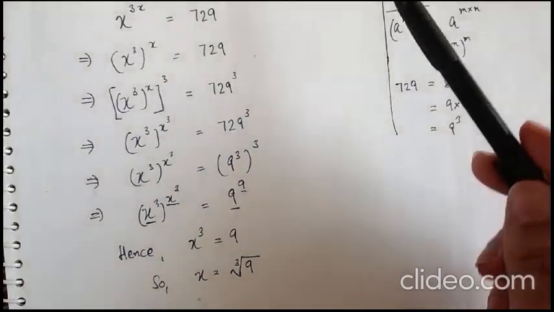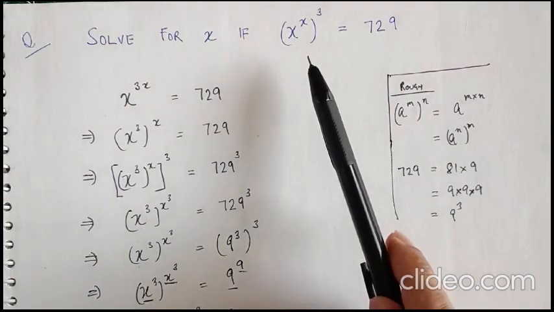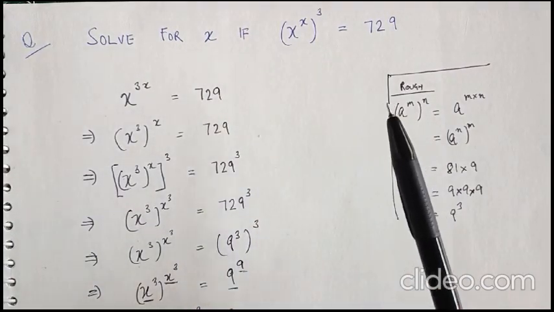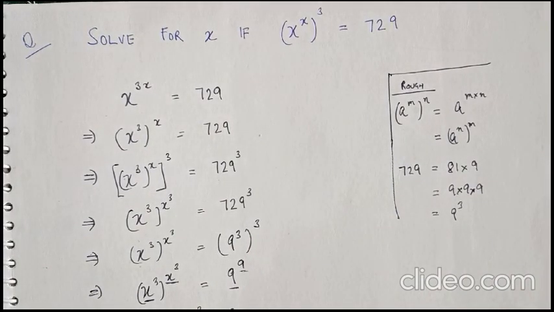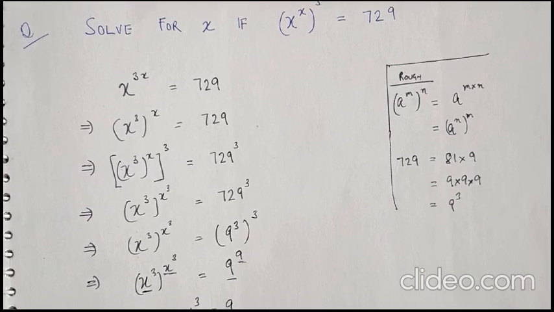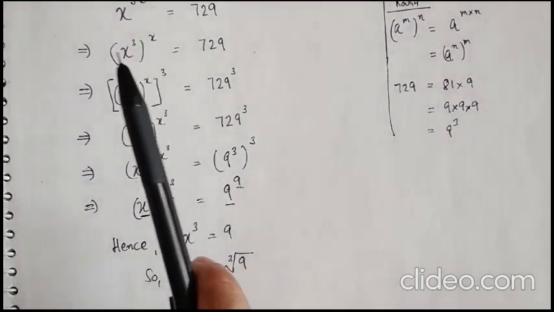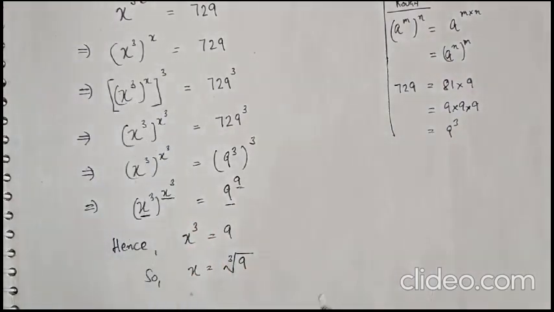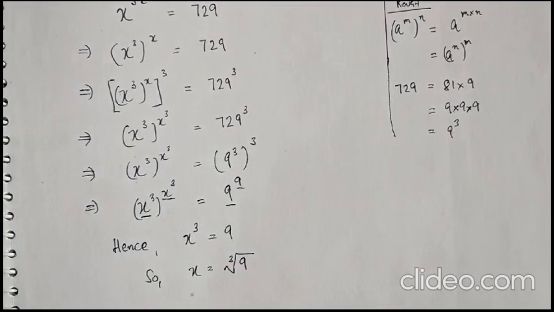So you see, we had a problem at the top which seemed again very difficult, very tricky. X to the power of x whole to the power of 3. There is absolutely no need in these problems to have any logarithmic solutions. You just have to break this problem up, make sure that we have a left hand side which looks very similar to the right hand side.